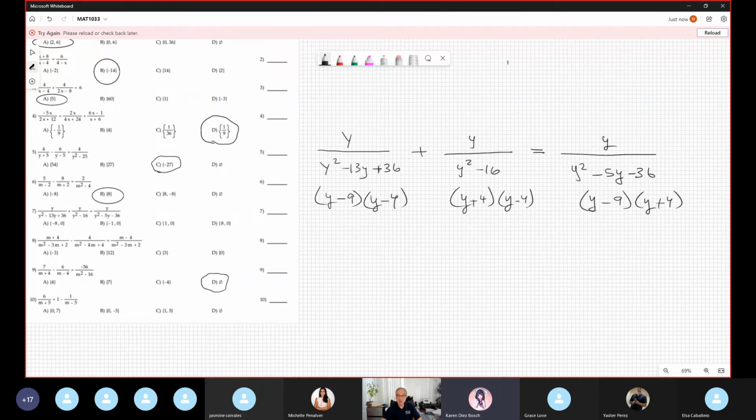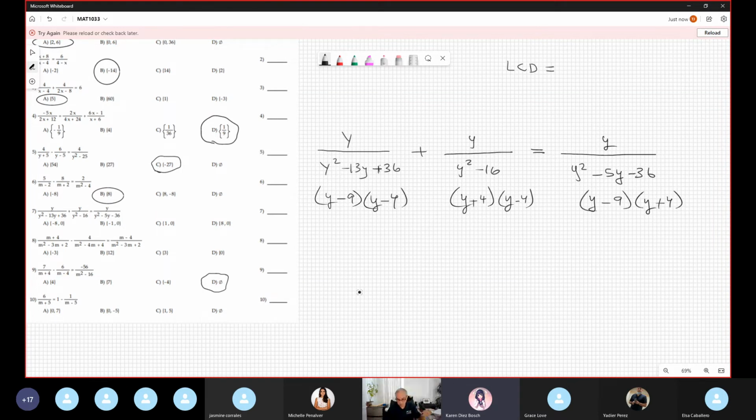And now the LCD. Who helps me with the LCD, please? In that case, I can see that we have different factors. We have y minus 9. I take it, copy and paste, but only one time. And we have y minus 4 and y plus 4. It's 4, but it's different because one is positive, another is negative. So you take everything. Remember the rule of the final LCD. You take every factor. If you omit one factor, you're doing it wrong. You take every factor involved, but they are repeated in different expressions.